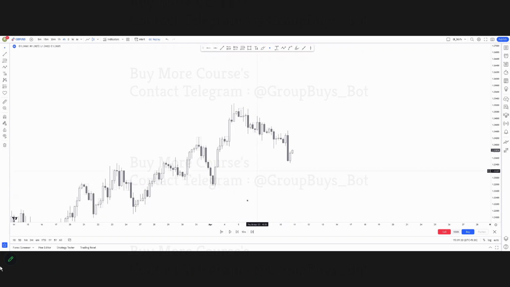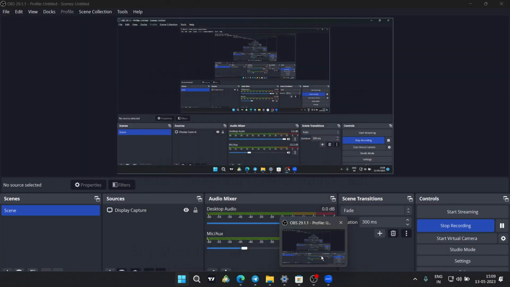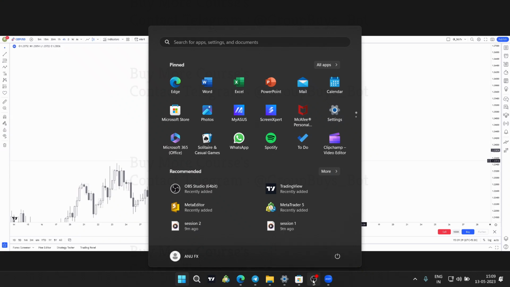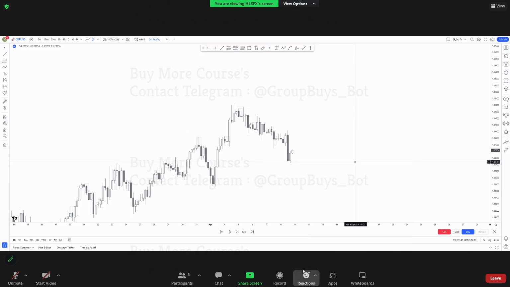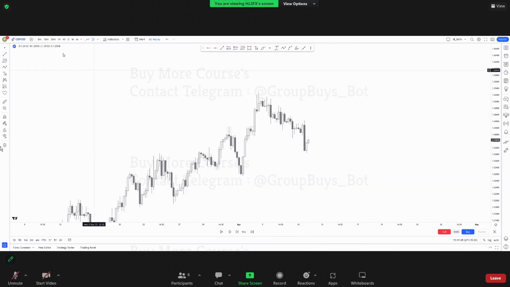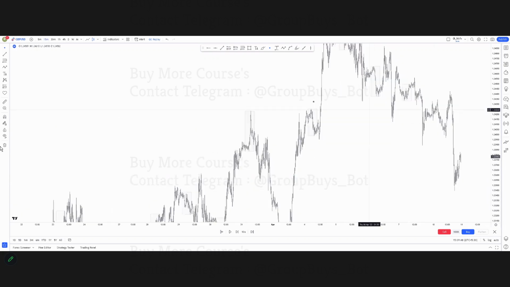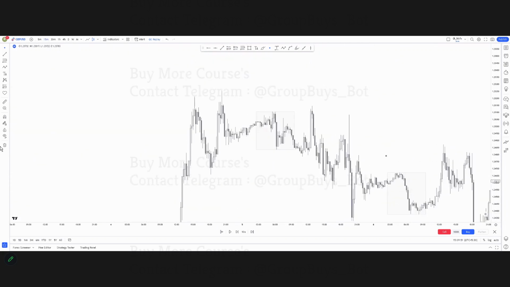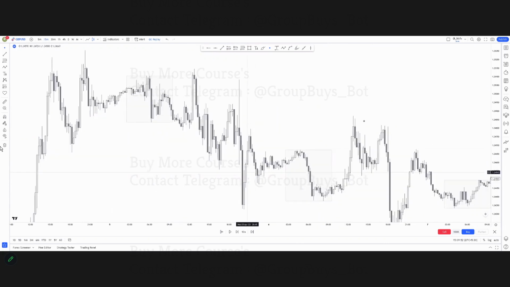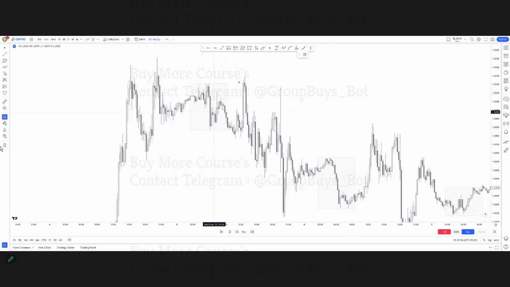Where did I stop? I stopped at the ping pong algorithm, right? Now I'm going to show you real examples on charts of how the ping pong algorithm really works. Basically, how I was trading earlier using this ping pong algorithm was like this.